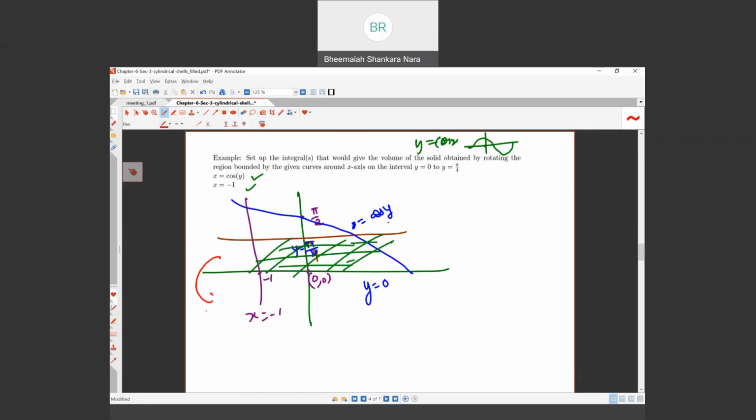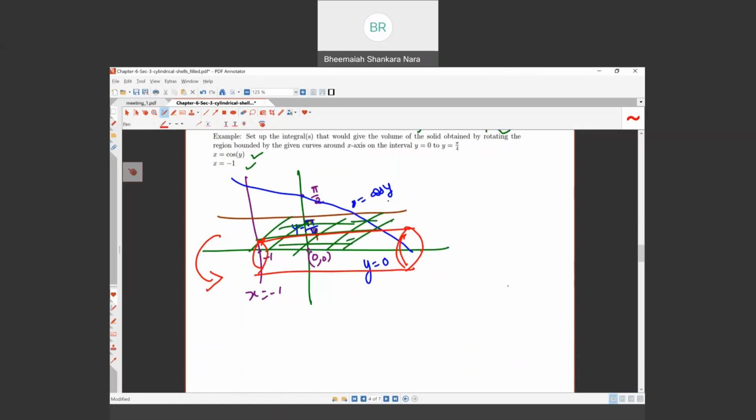And here are the endpoints to form a cylinder. So let me join these two. And here is the radius. And we know our pi over 2 line. And this will be the height of the cylinder.